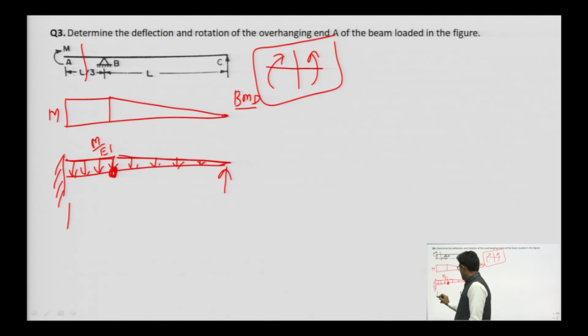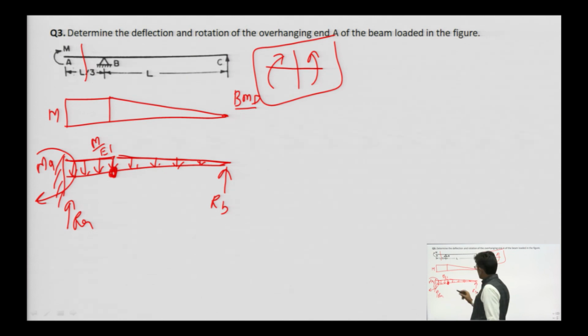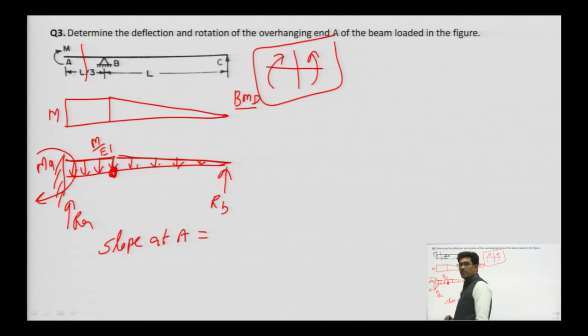So, this is point A. Say the reactions are RA and RB, and the moment here is M A. The slope at A will be the shear force, which is RA.